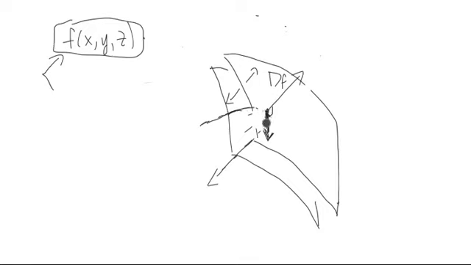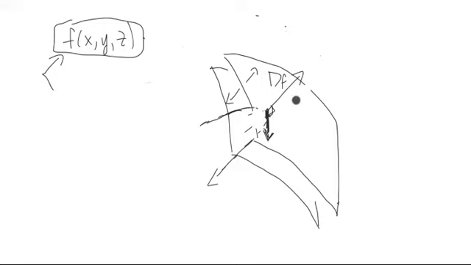That's the same thing as saying that a tangent vector to this curve at the point of intersection is going to be orthogonal to the gradient, because the gradient is orthogonal to the level surface itself. So we want this tangent vector of the curve to be orthogonal to the gradient.